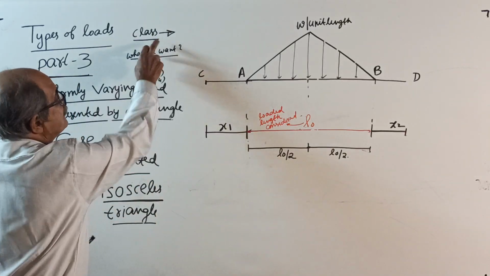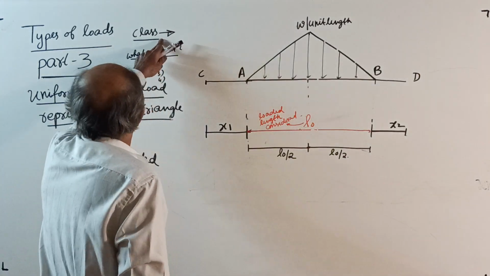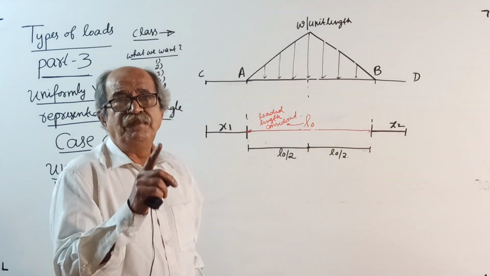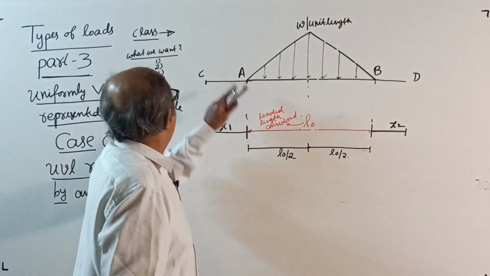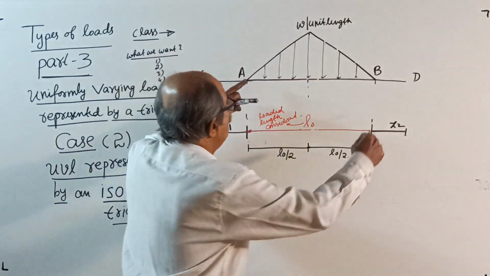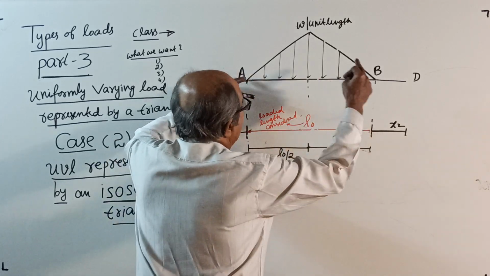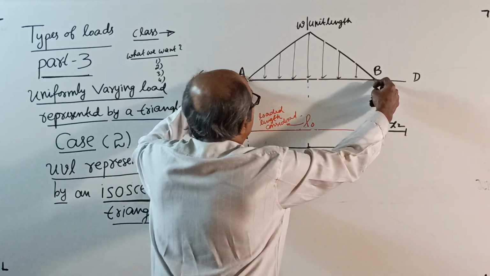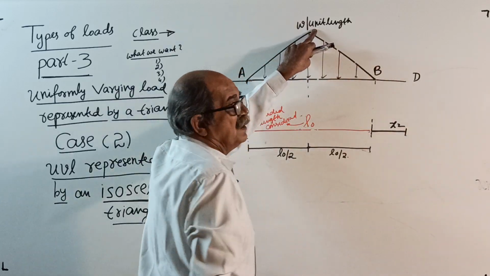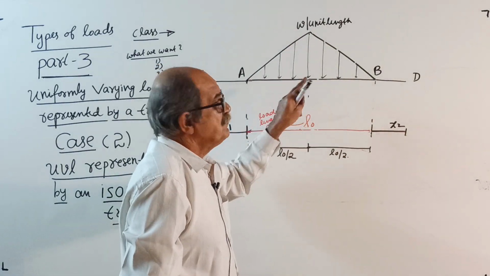Now, something I will tell here in the class. This is the case of uniformly varying load. I am dictating, you should write: varying load where intensity is 0 at the ends of the loaded length, L0 being the loaded length, which linearly increases to a maximum of W per unit length exactly at the center of the loaded length.